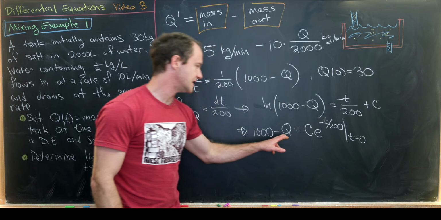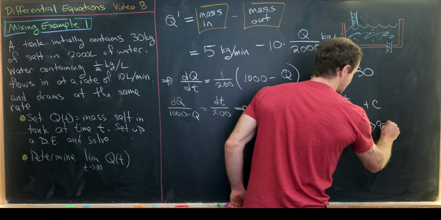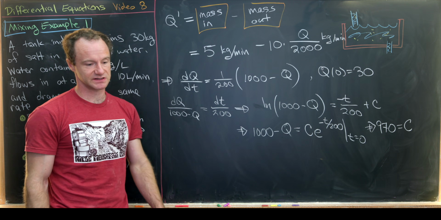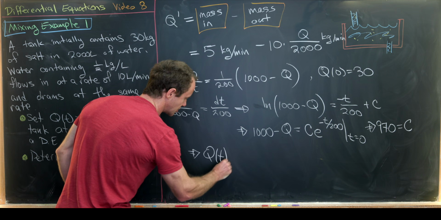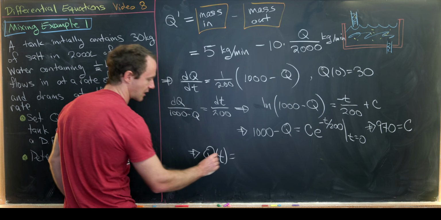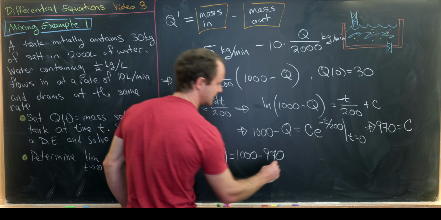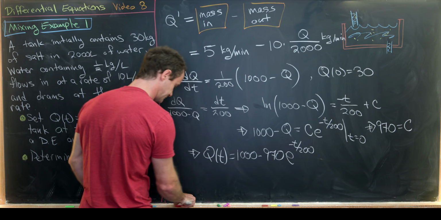So if we plug in t equals 0 to this, we get 30. So that means we have the equation 970 equals c, because e to the 0 is 1. And that finally gives us our final function for q. And that'll be 1,000 minus 970 times e to the minus t over 200.